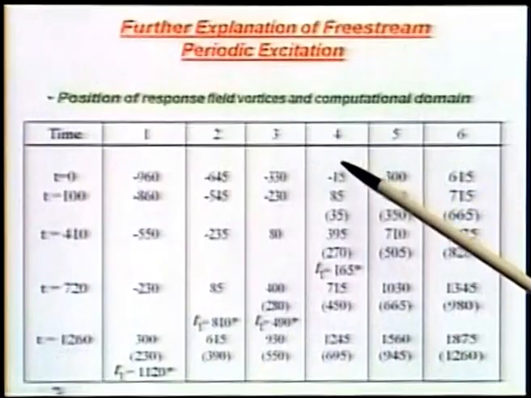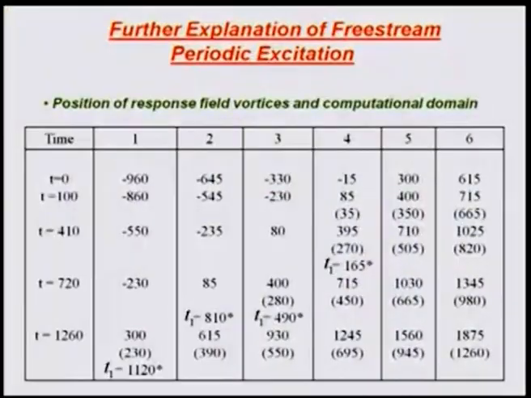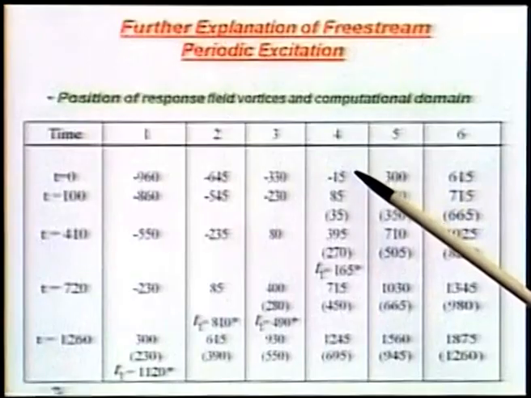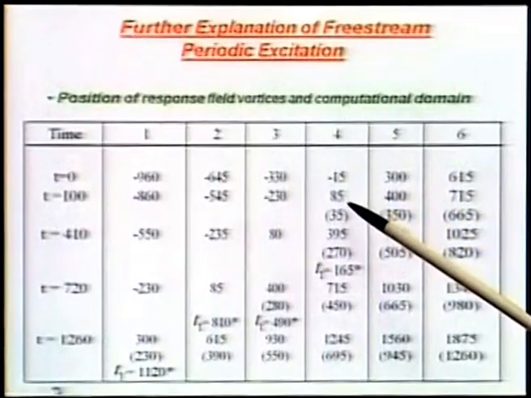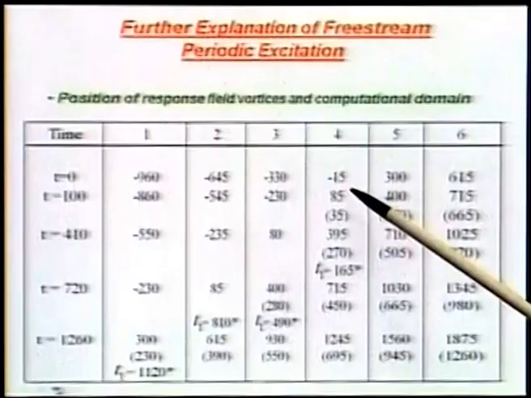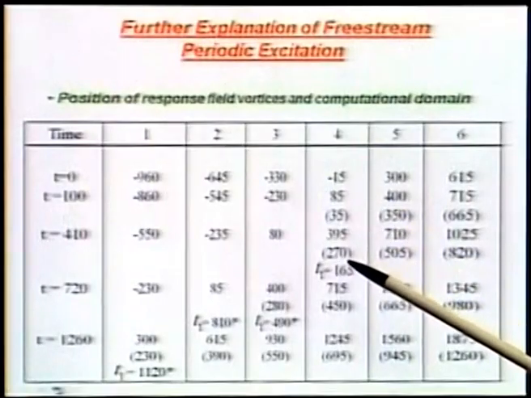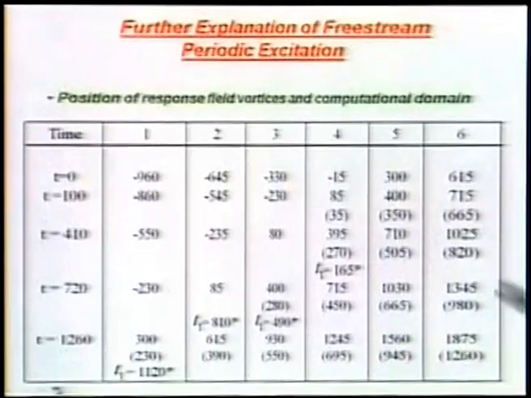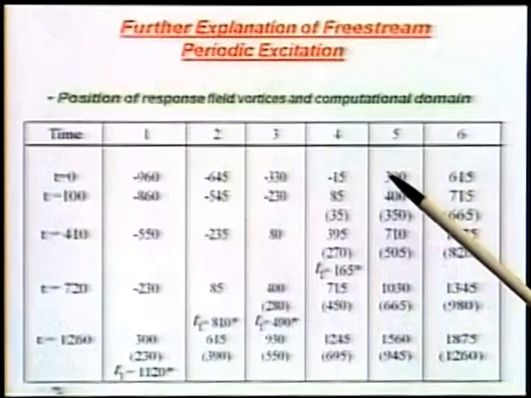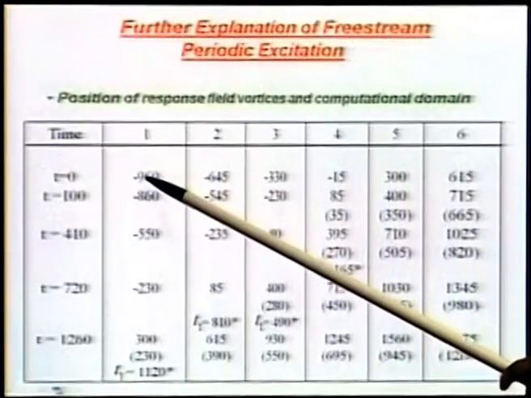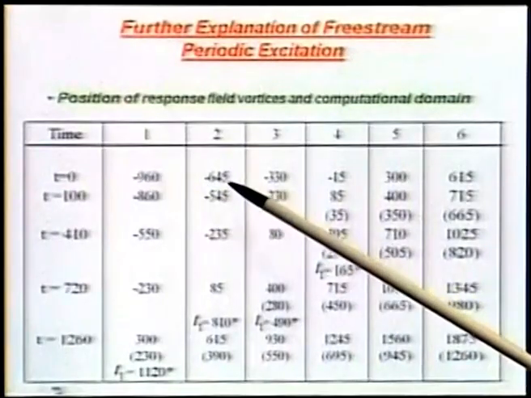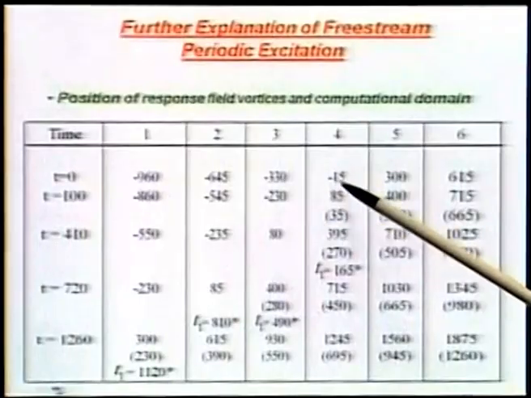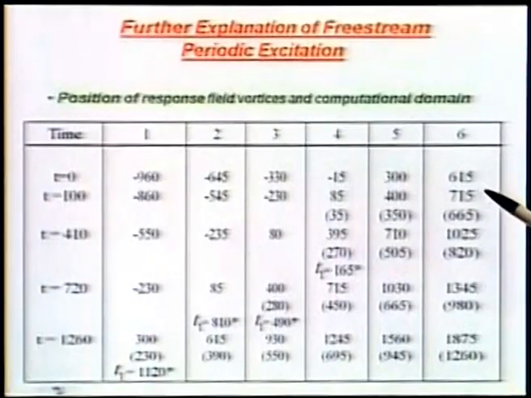So, I have noted some of them, because at a later time they will move in. Like the one which is at 15 at t equal to 0 will, at a later time, enter the computational domain. And so we are writing all those locations: minus 960, minus 645, minus 330, minus 15, 300 and so on and so forth.